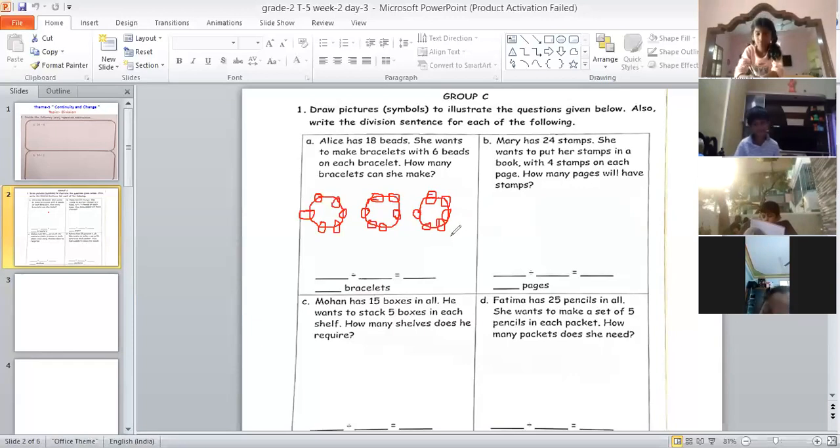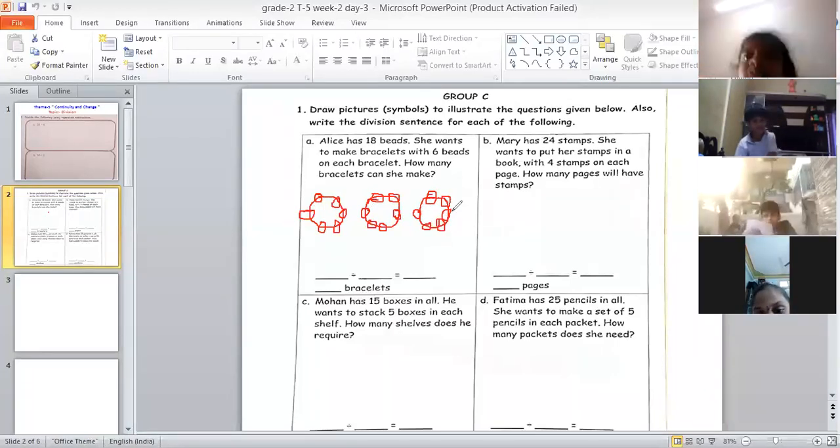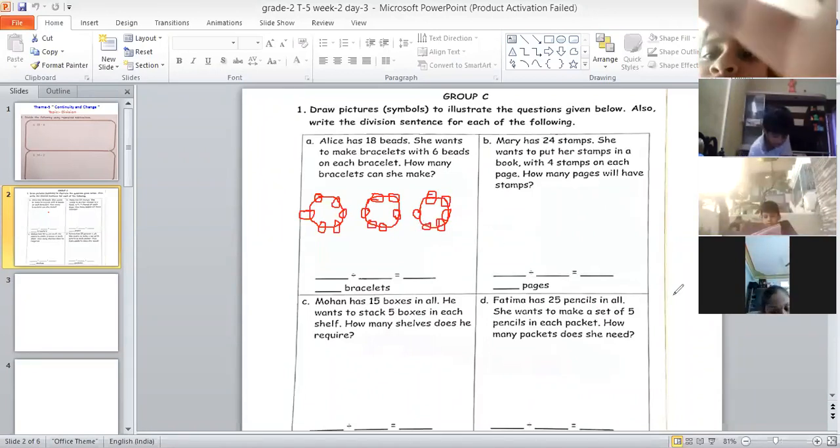Now children, let us count again all the beads. So we have 1, 2, 3, 4, 5, 6, 7, 8, 9, 10, 11, 12, 13, 14, 15, 16, 17 and 18. Right? So we have used all 18 beads. So how many bracelets did we get?